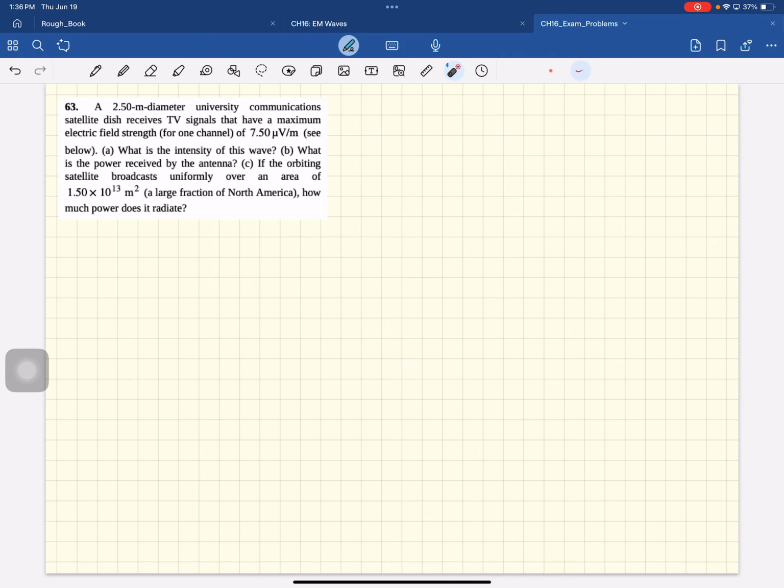Okay, so a 2.5 meter diameter university communication satellite dish receives TV signals that have a maximum electric field strength of 7.5 microvolt per meter. So you guys have seen these communication dishes, right? This dish, the diameter is 2.5 meters.